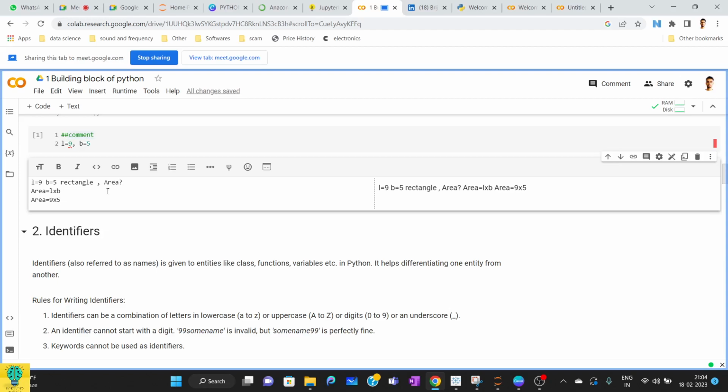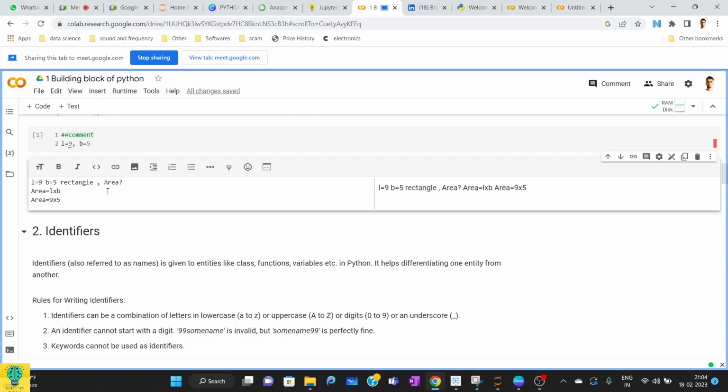So identifiers are the names that you give to store some data. I hope I'm clear what exactly I'm trying to say. These are the naming words. Identifier refers to some name that you give to somebody or some data to represent it. So what L is representing here is a numerical value that is equals to 9.